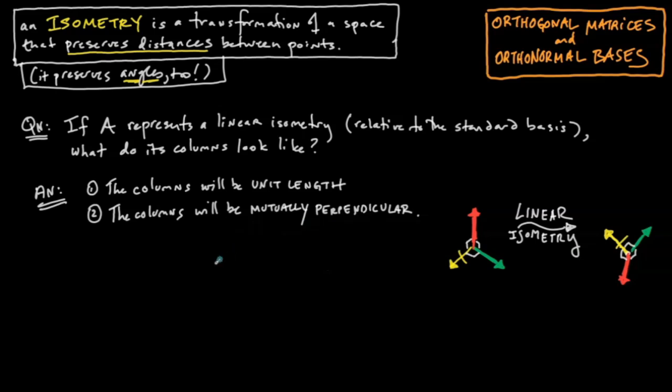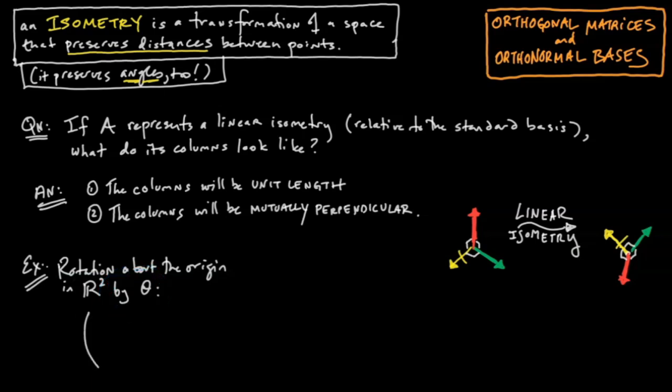Good. Okay, so we see why this is so, but still it helps to think about some concrete examples, such as a rotation about the origin in R2 by an angle of theta. Well, we know explicitly what that matrix would look like. i hat, whose tip is at (1, 0), rotates through an angle of theta, and of course its new coordinates by basic trigonometry will be (cosine theta, sine theta).